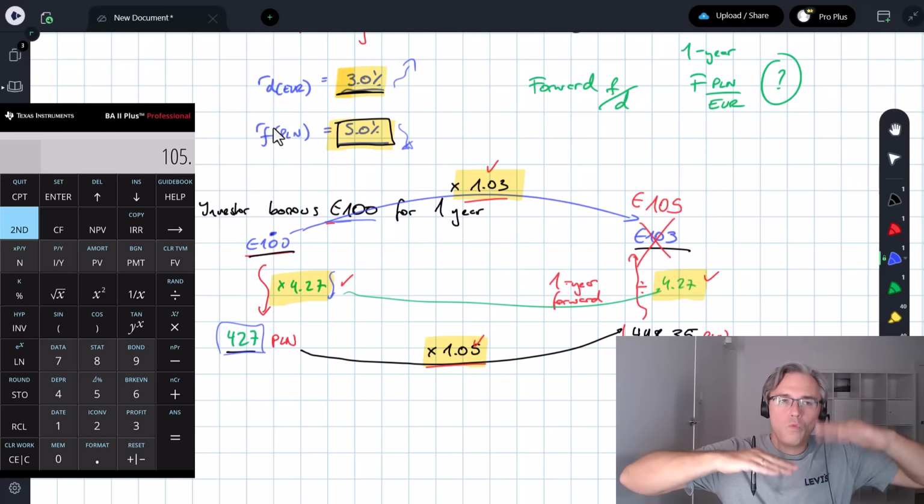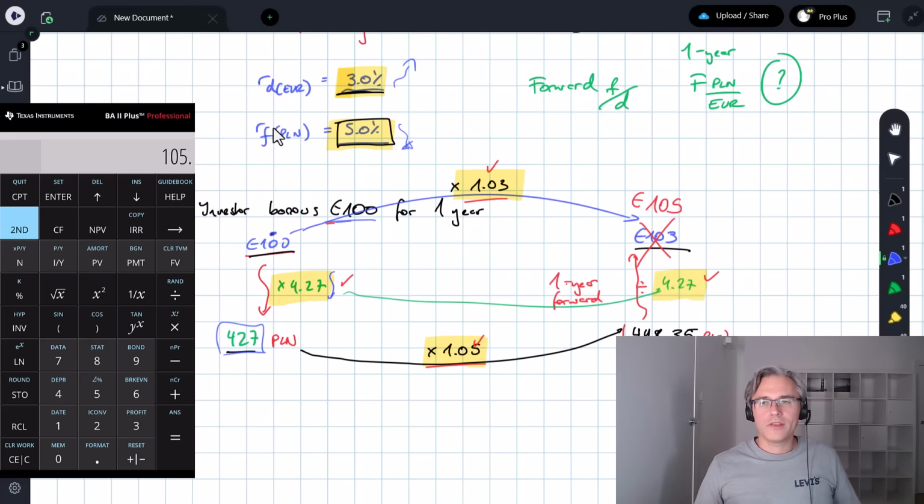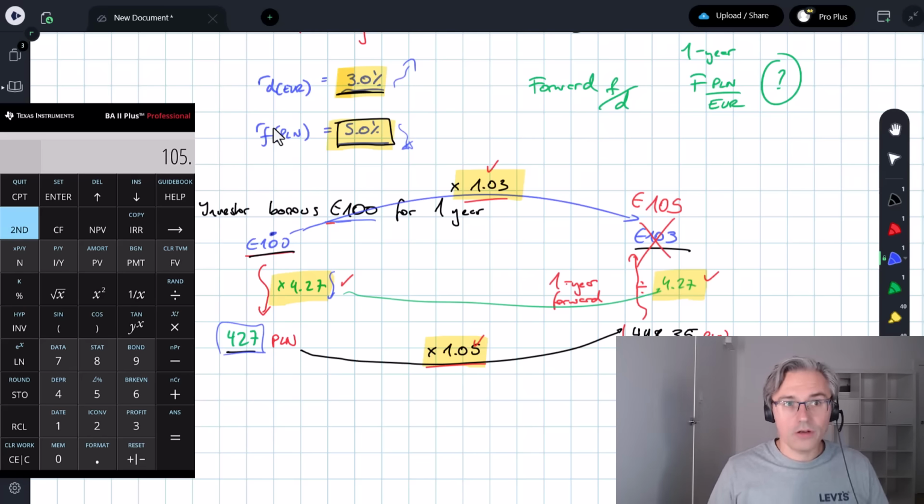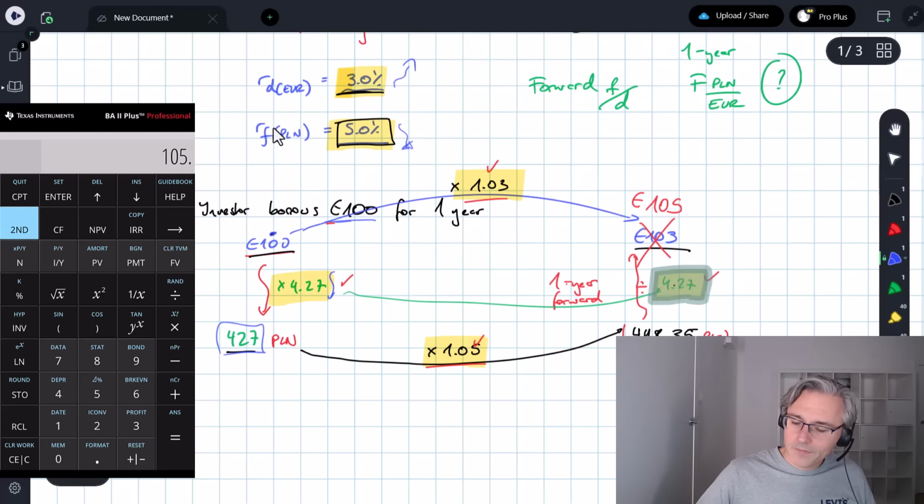What I'm basically trying to say is that arbitrageurs, people or entities or algorithms who spot such opportunities, which are a result of mispricing, will work through these strategies and force the opportunities to close and dry up. In other words, if the market is in equilibrium, you will not find 4.27 as the quoted exchange rate.